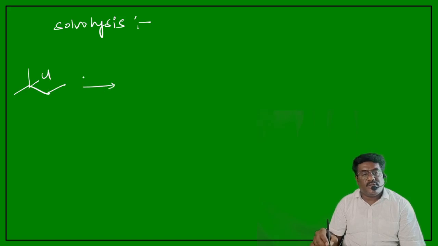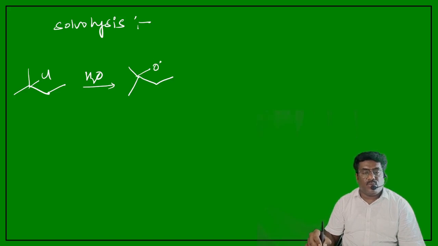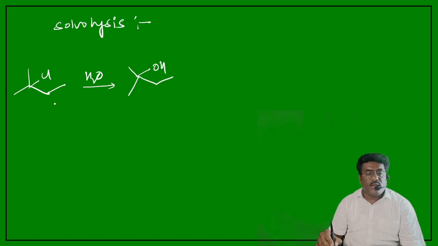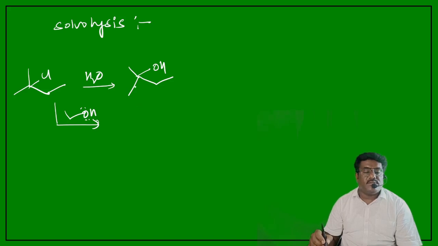In presence of H2O, what reaction does it undergo? SN1. Very simple. It undergoes an SN1 reaction to form ROH. I'm taking this reaction as an alcohol. Alcohols also undergo what reaction?